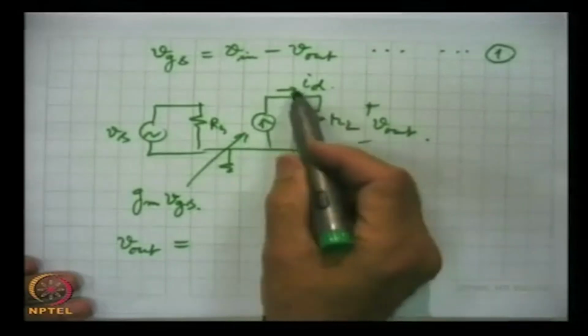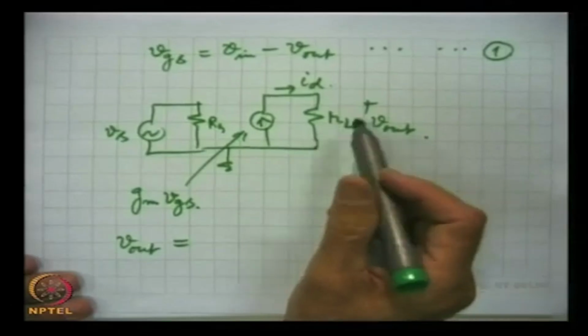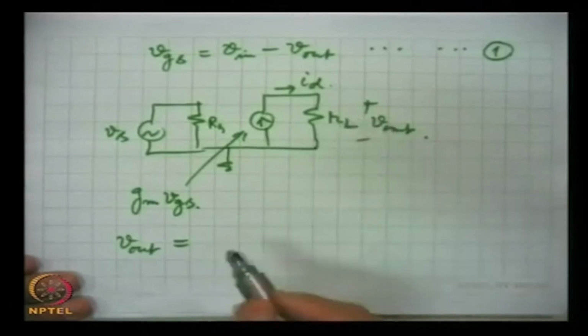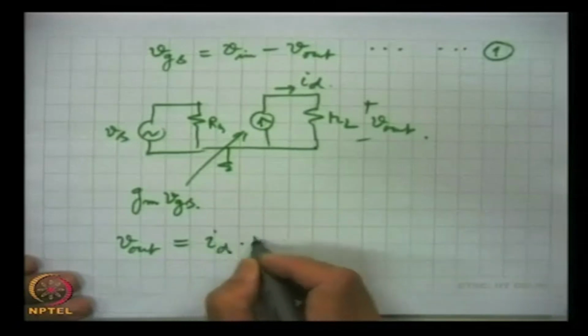Obviously, this current when passes through this effective AC impedance RL, that will produce the output. So, ID into RL.